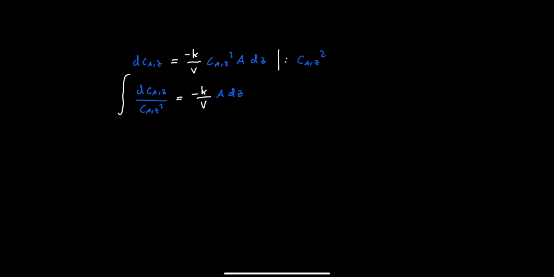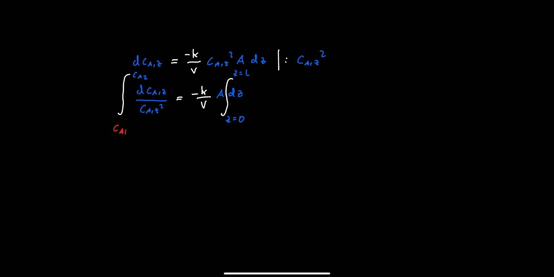On the left side, we will integrate from the entering concentration of our PFR, which was CA1, which was leaving our CSTR, to CA2, which leaves the PFR. And on the right side, we are going to integrate with respect to dC, and K, V, and A are not a function of C. So we can simply integrate this part, namely from the start of our PFR, which is position C equals 0, until the end of our reactor, which is at position C equal L.